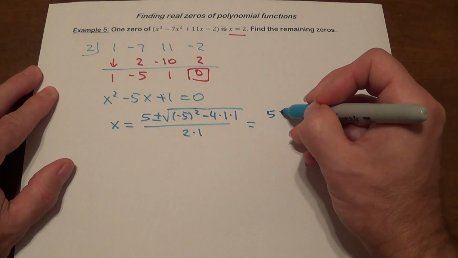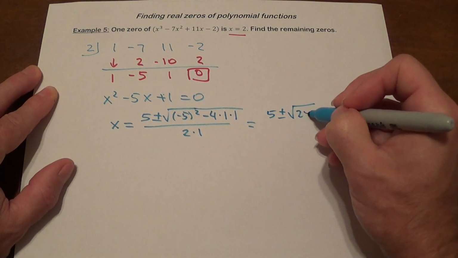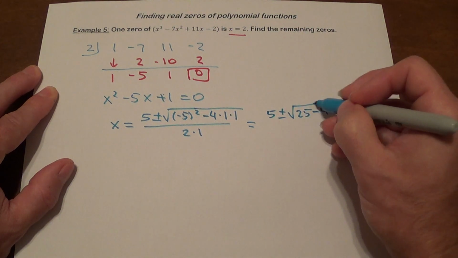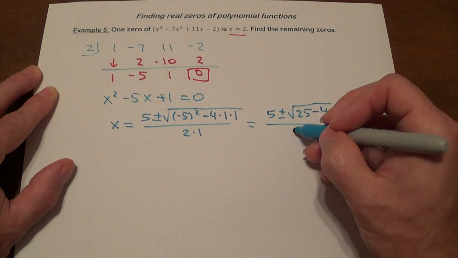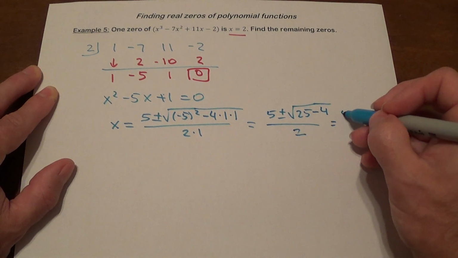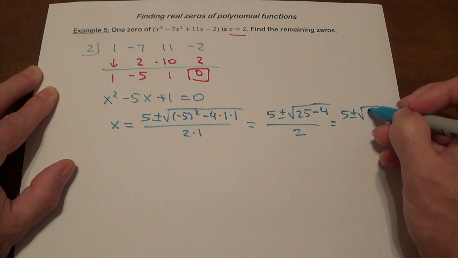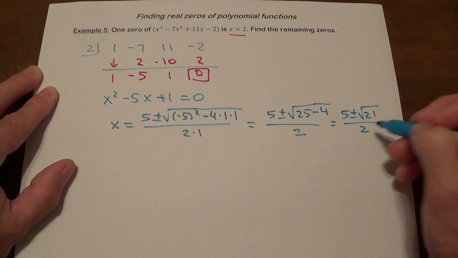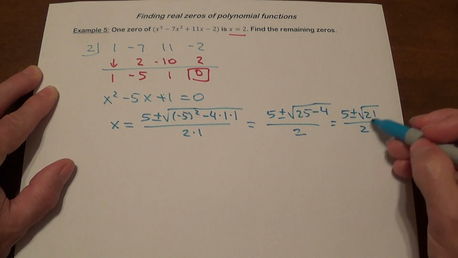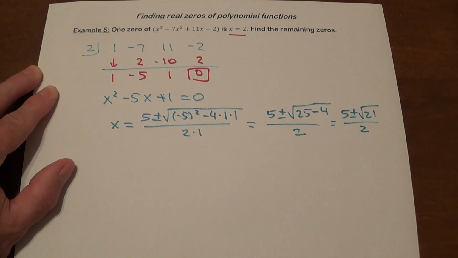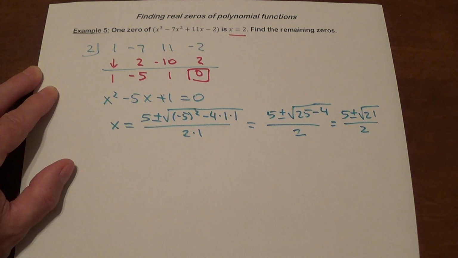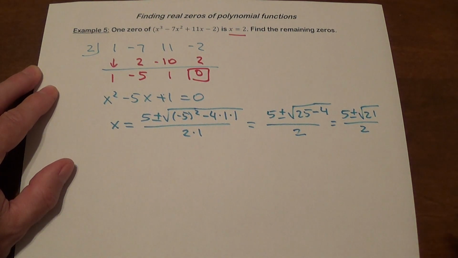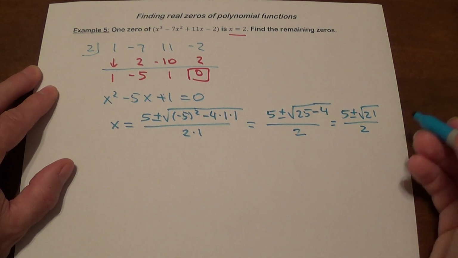So it is 5 plus or minus the square root of 25 minus 4, divided by 2. So it is 5 plus or minus the square root of 21, divided by 2. And these are real numbers. The square root of 21 is obviously a positive number. It doesn't simplify. It's not a perfect square, but it's a number.